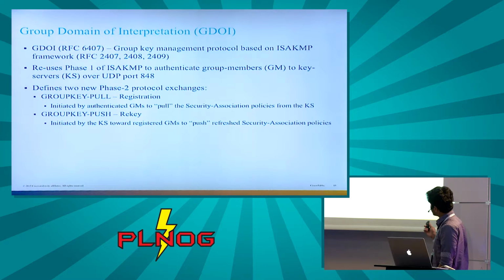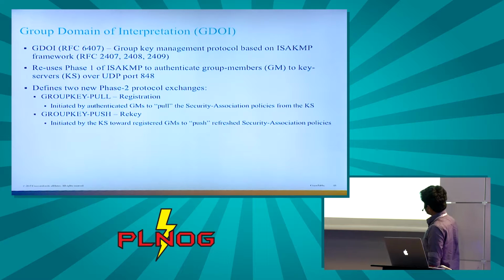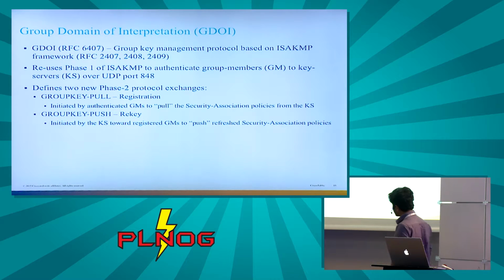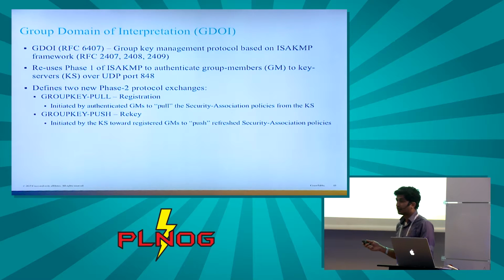So we reuse phase 1 of ISAKMP to authenticate the group member as it is without changing anything, except we go over UDP port 848. Once we've authenticated the group member, we've defined two new phase 2 protocol exchanges to give the keys to the group members and keep doing it while performing rekey.